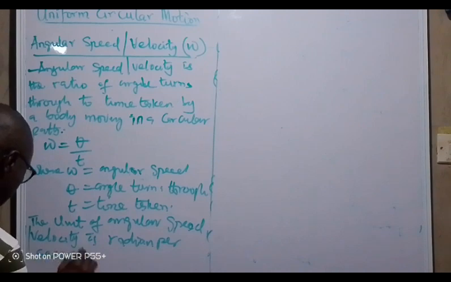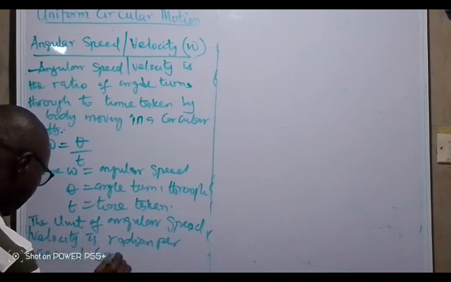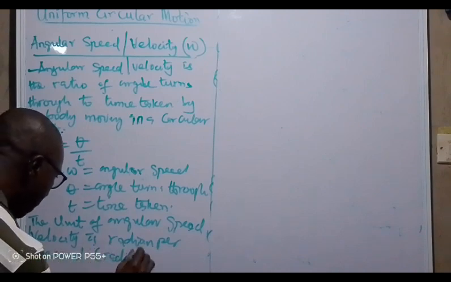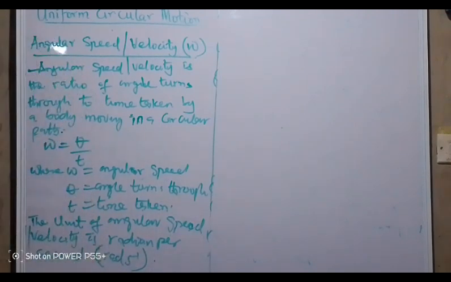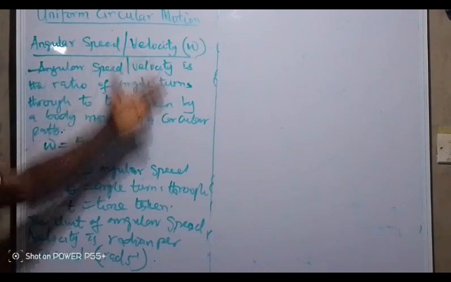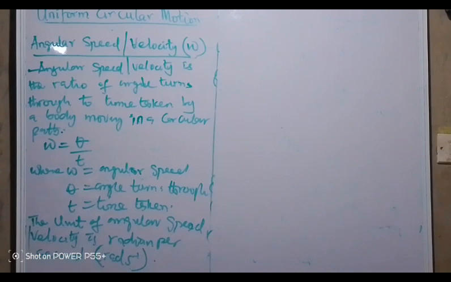It is rad per second. That's the unit of angular speed or angular velocity. Since this one is angular, it's different from linear motion. If it is linear motion, the unit of either speed or velocity is meter per second. But this one is dealing with angle, so it's radian per second, or rad per second.